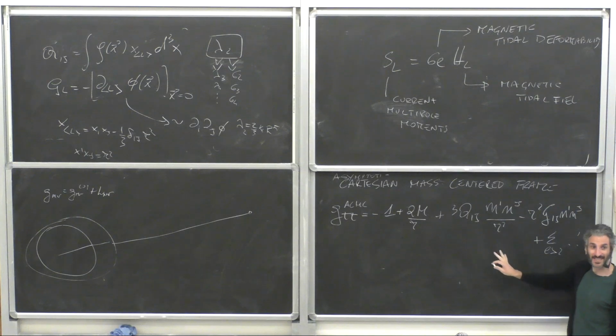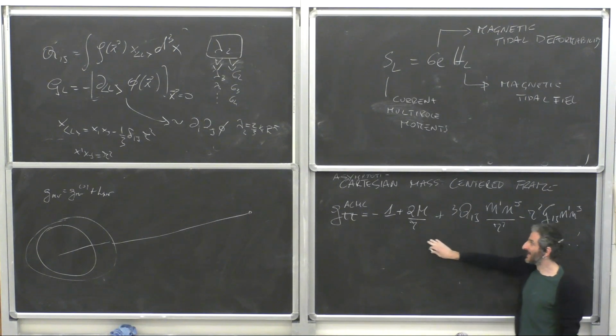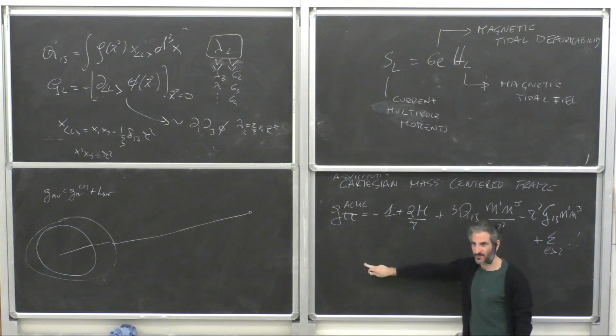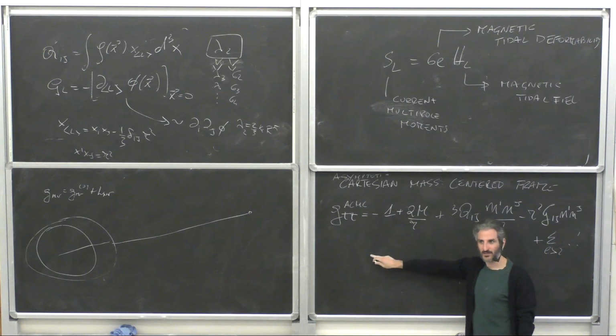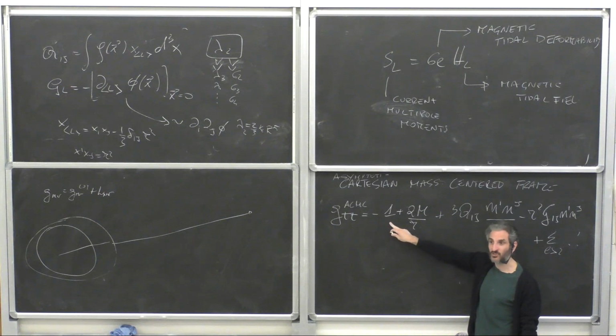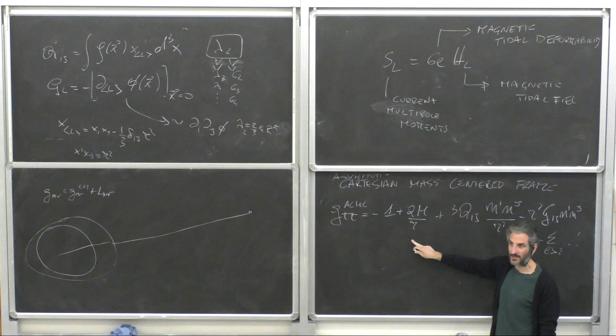So you see, this is a metric that describes an asymptotically flat spacetime, so something which resembles very much the Minkowski metric. You can write the g_ti and g_ij components, and the g_ti will be 0 plus something, the g_ij will be delta_ij, so 1 plus something. So it resembles the Minkowski metric, but has deviations in 1 over R, so it's the asymptotically mass-centered frame.